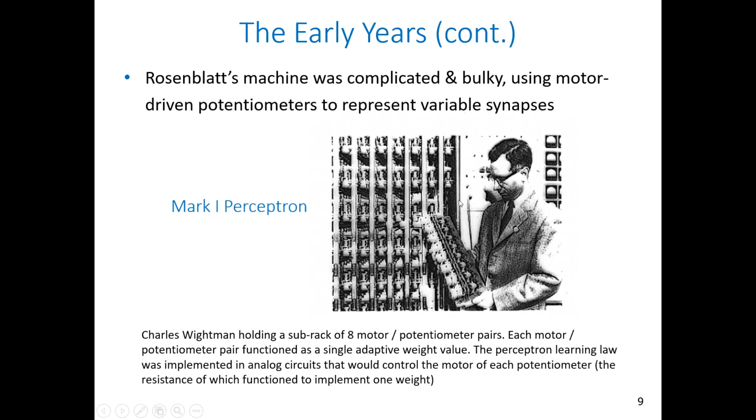So this is how the hardware looked like. It's called the Mark I Perceptron. Rosenblatt's machine, which was the perceptron, was complicated and bulky, using motor-driven potentiometers to represent variable synapses.